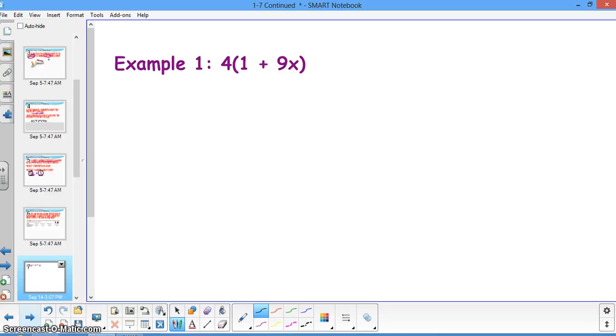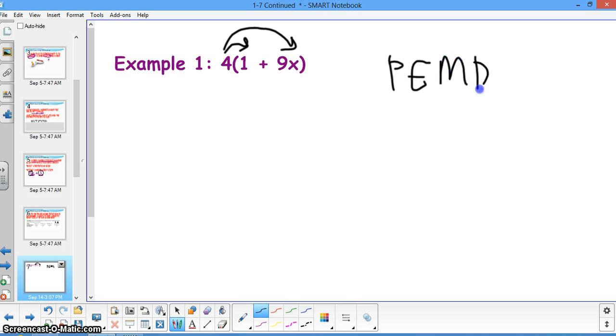So let's do some examples of the distributive property. Give you a moment to write this in your notes. We already talked about that the distributive property uses the operation multiplication. So you are simply multiplying that 4 to everything in the parentheses. Now we could use order of operations. However, we already see in the parentheses we can't solve that.